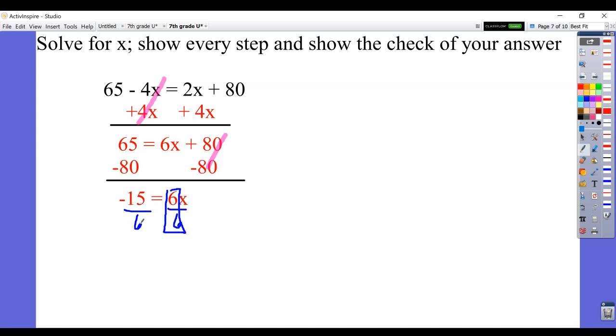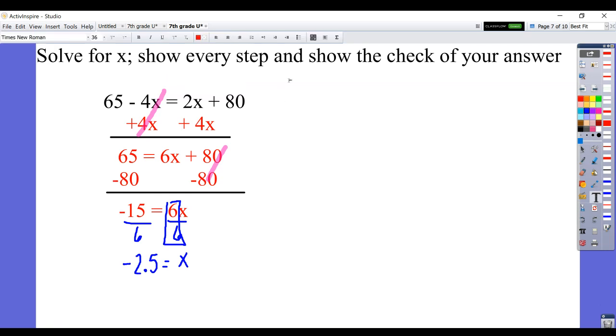So, and you can put this in your calculator or you can make it into a mixed number. Again, I feel I should probably be able to do it in my head. Looks like 2.5. Negative 2.5, of course. So negative divided by positive is negative. Okay, then that would be my solution.